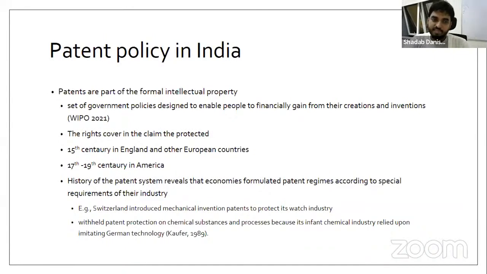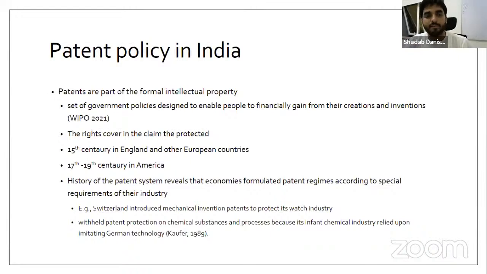But at the same time, the same country withheld patent protection on chemical substances and processes because its infant chemical industry relied upon imitating German technology. So at one point the same country protected one industry, whereas patenting in another industry, like chemical substances, was not allowed. Why? Because they wanted to protect the infant industry.